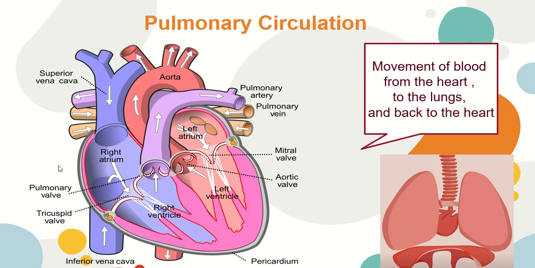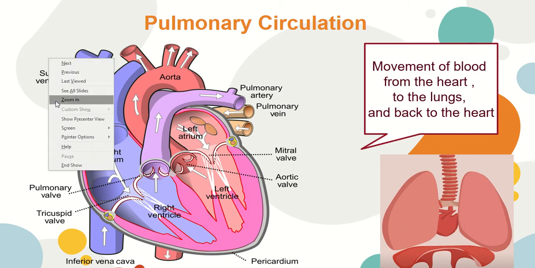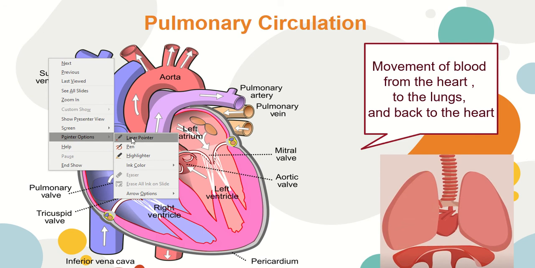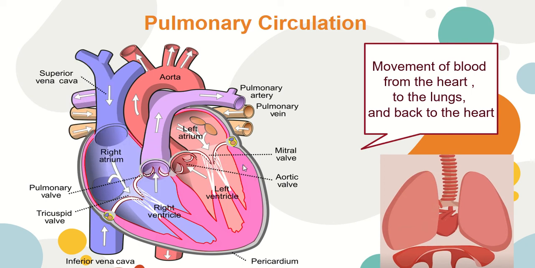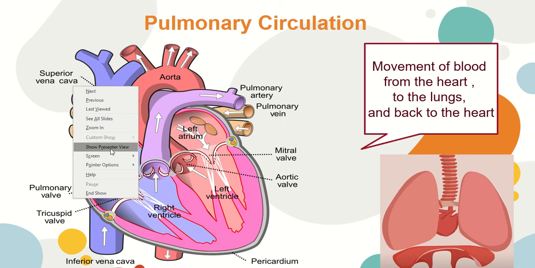So as you can see here, kunwari itong aking arrow, itong cursor ko. Okay? So, can I have a highlighter? So, oxygen poor kasi tayo ngayon. So, gagamit ako ng blue.